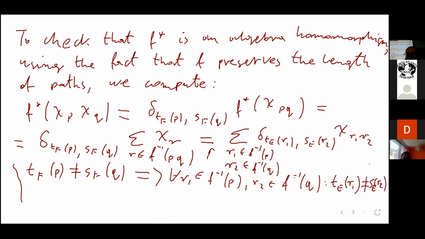Now, why does this implication hold? Well, because the reverse implication holds.